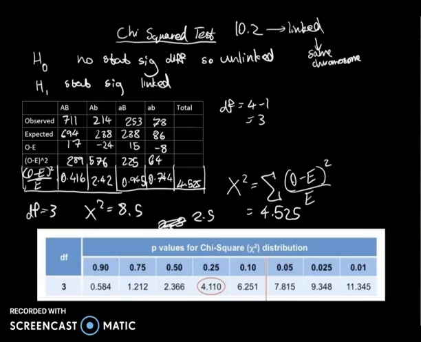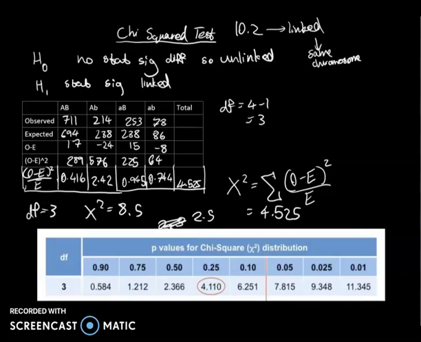So when the chi-squared value, just to reiterate, is bigger than the value at the 0.05 p-value, such as 7.815 in this case, then we accept the alternate hypothesis saying that these differences are statistically significant.